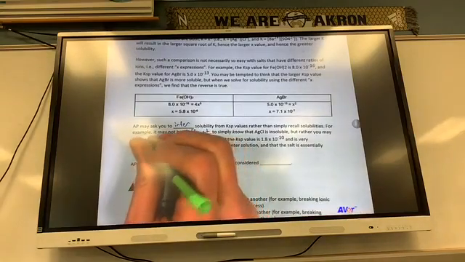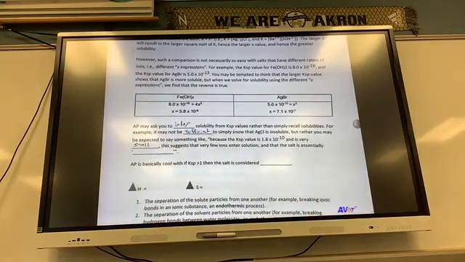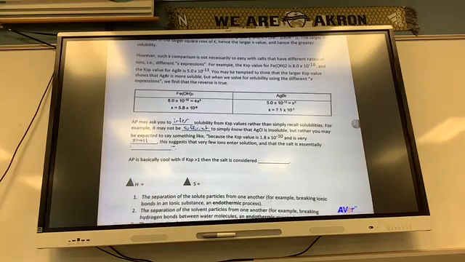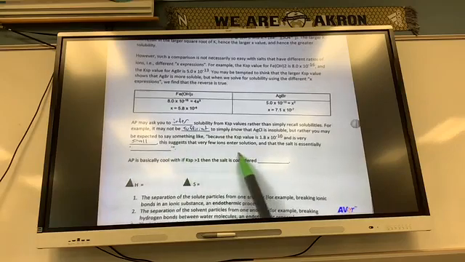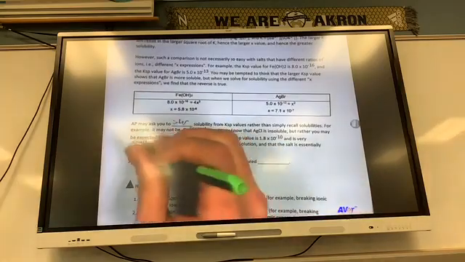Small. So they would give you a Ksp in this. You don't have to memorize it. They'd probably give you a chart of Ksps and say, why is AgCl insoluble? Well, you would need to use the evidence they gave you. This suggests that very few ions are in solution and that the salt is essentially insoluble.